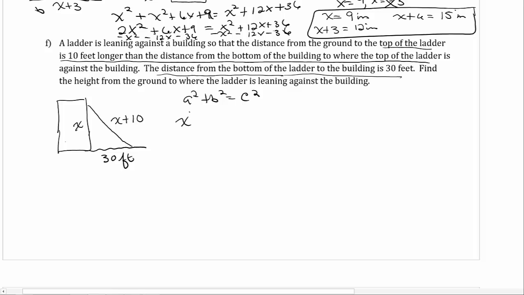And so that's going to be x squared plus 30 squared equals c squared, which is the hypotenuse, and that's x plus 10 in this case. So we have x squared plus 30 squared is 900.